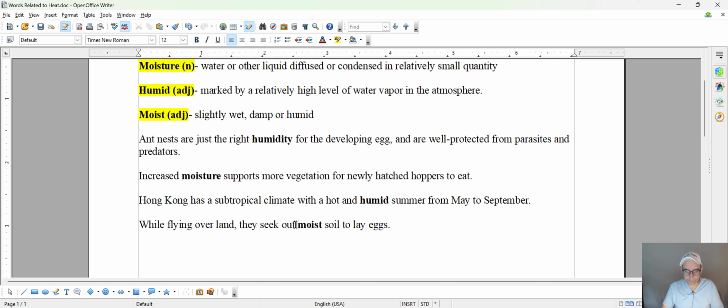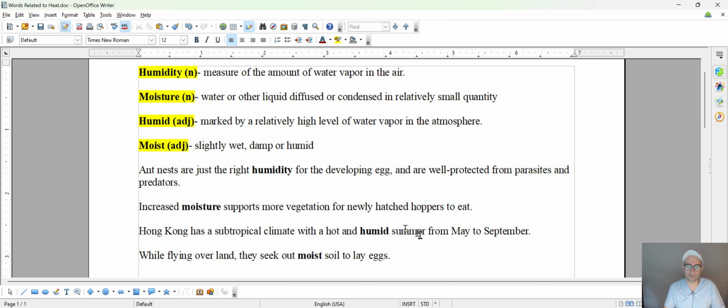So it's important for the conditions of that soil, that dirt, to be wet in order for them to lay eggs. Maybe it just makes their eggs more fertile, so it's easier to hatch, or it just protects them from parasites and other things. Who knows? We don't have enough information on that.